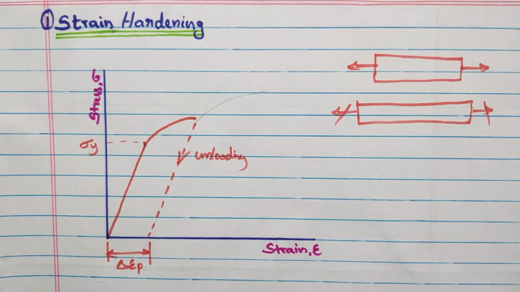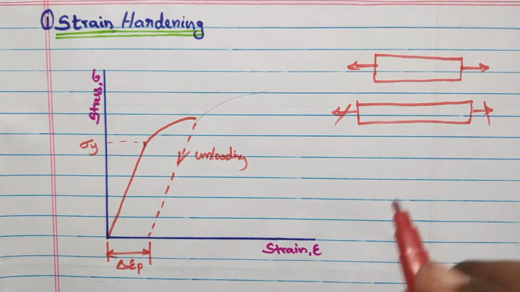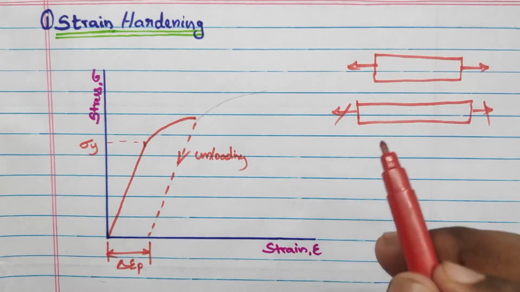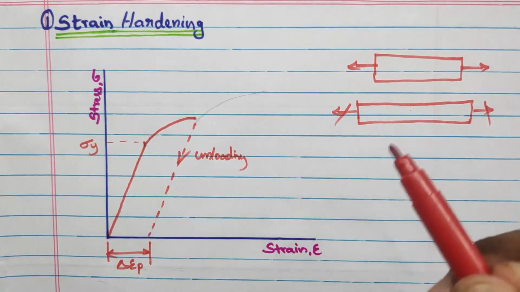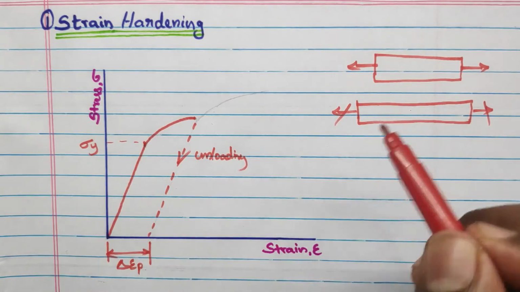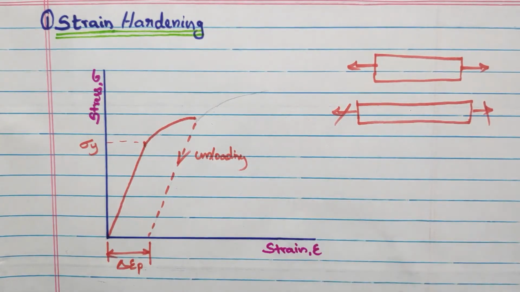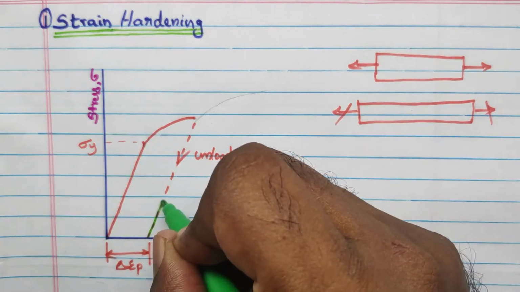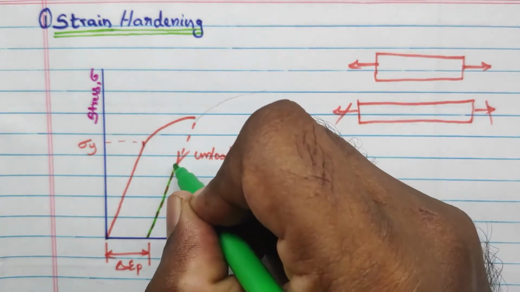Now I am going to do one thing. With the same deformed material, after unloading it, I am going to retest it again. So what happens here? We can see an interesting fact, which is also experimentally proved, regarding the yield stress. Initially elastic deformation will be there, right?